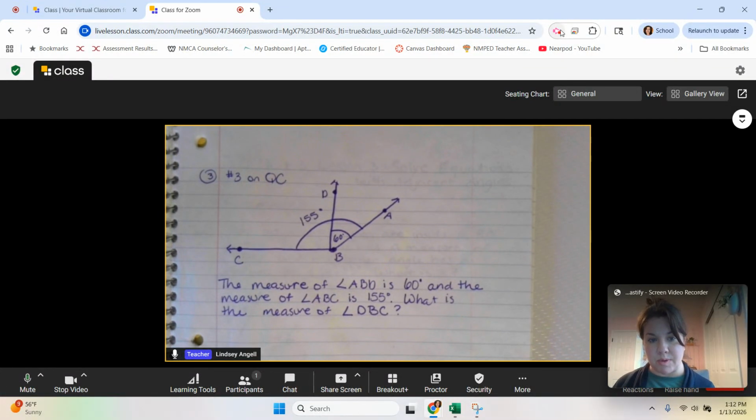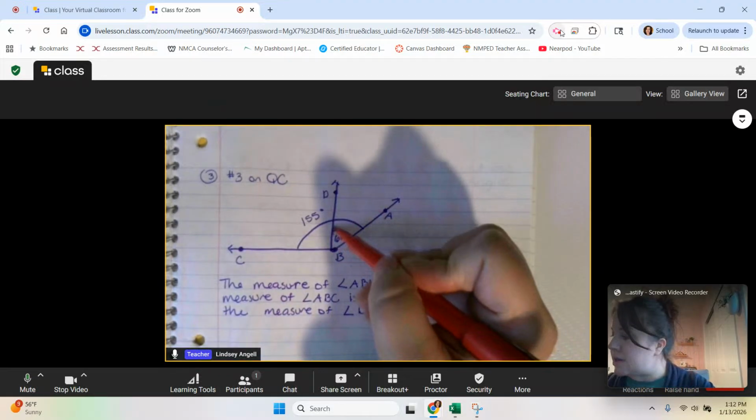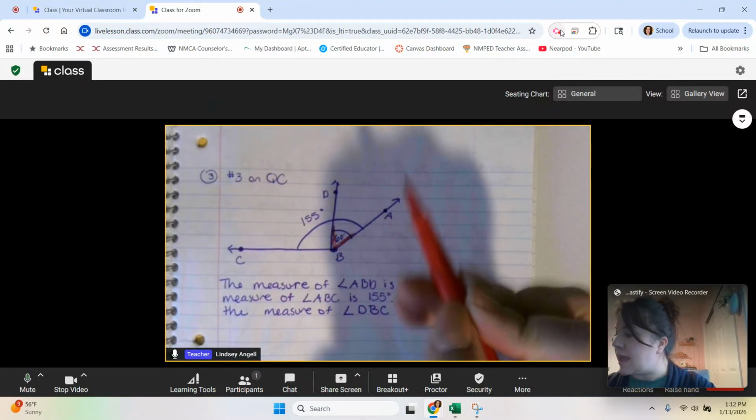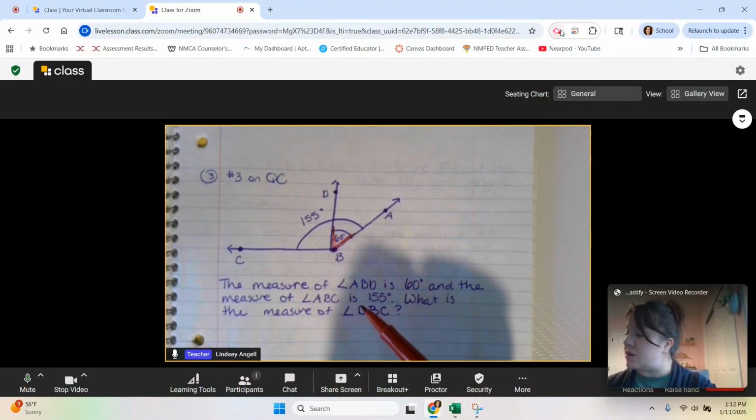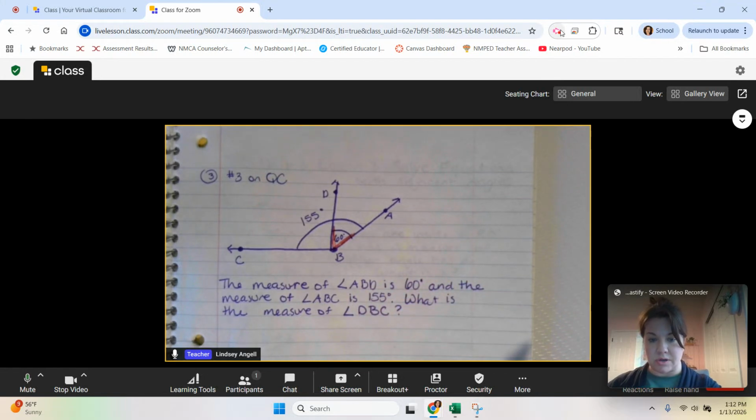This is number 3 from your quick check. Similar concept. The measure of angle ABD is 60 degrees. That's this one here. And the measure of angle ABC is 155 degrees.